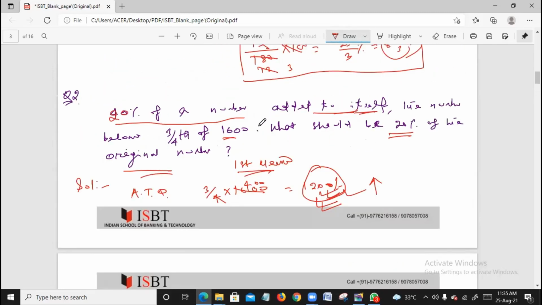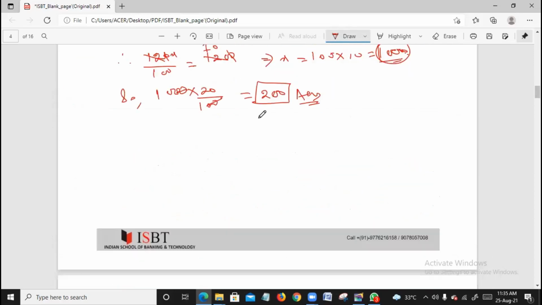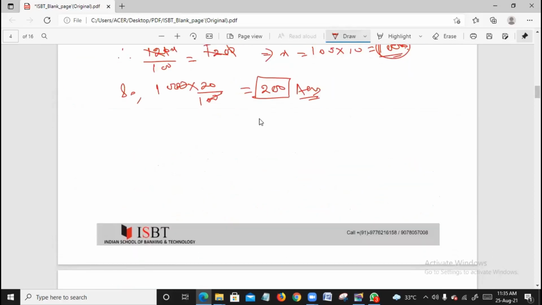Okay, I am telling again: 20% of the number, let the number be x, added to itself, becomes 120%. But the question said it is 3/4 of 1600, that is 1200. 1200 means 120%. Okay. What is the shortcut formula?